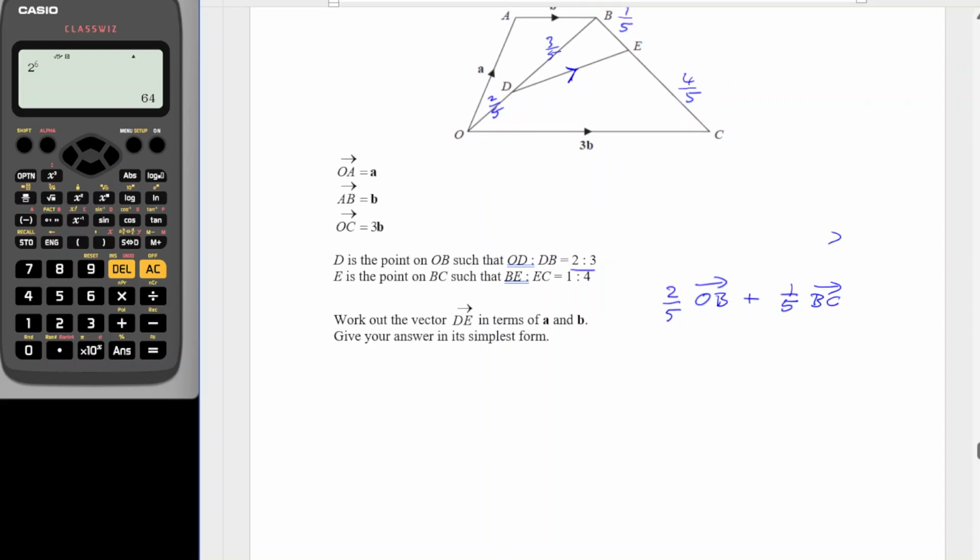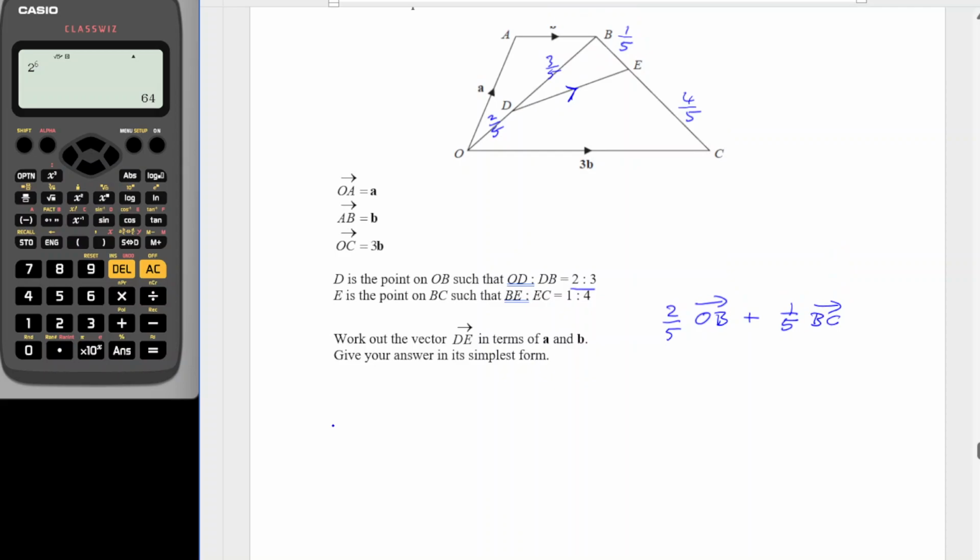I'm going to work those out separately. So O to B is going to be equal to just a plus b. And B to C is going to be equal to minus b minus a plus 3b, which would be minus a plus 2b. And then I can kind of go from there.